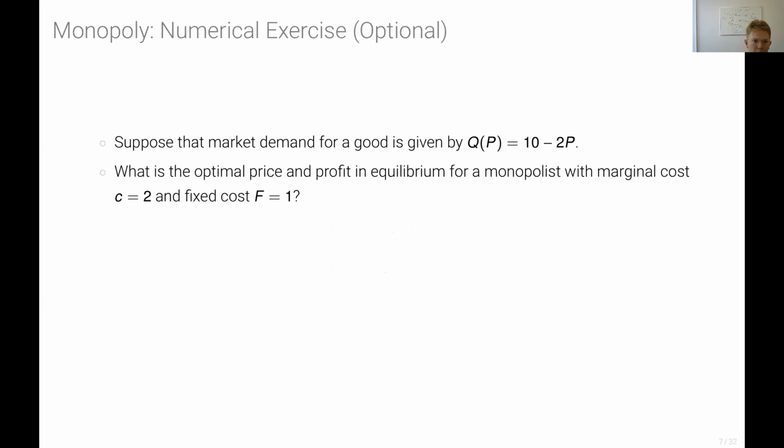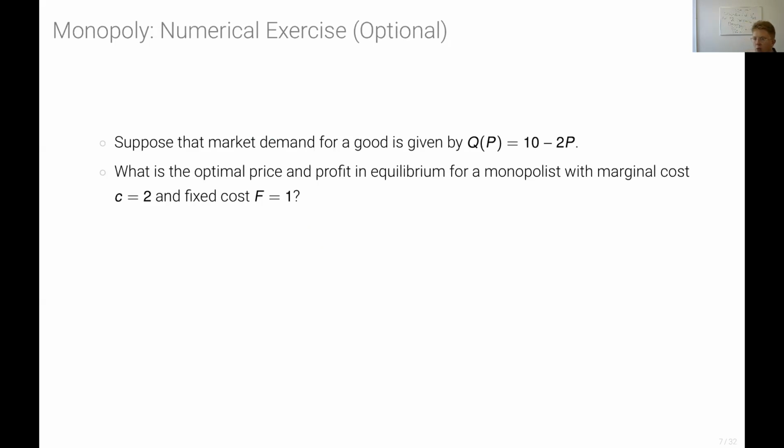Now let's work this out with an example. Suppose the market demand for a good is given by Q(P) equal to 10 minus 2P. We want to figure out the optimal price and profit in equilibrium for a monopolist with marginal cost C equals 2 and F equals 1.